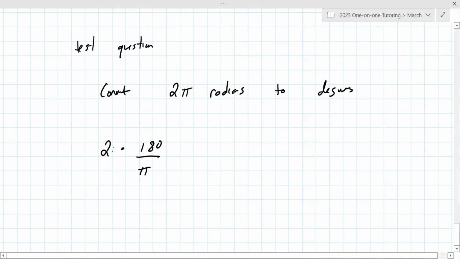So let me change the problem here: 2 pi radians to degrees. Now it's something you like, because the pi's cancel, then it's just 360.